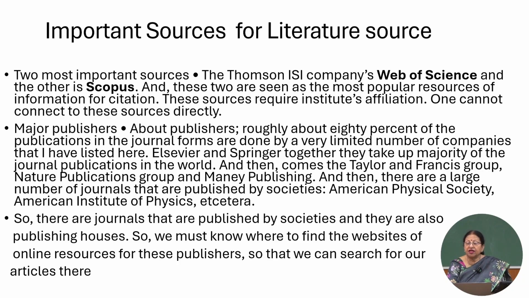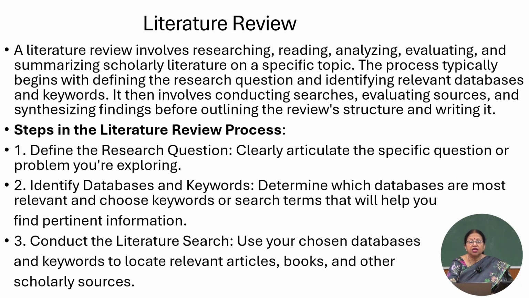Then there is Taylor Francis Group, Nature Publication Group, and then there are a large number of journals published by societies like American Physical Society, American Institute of Physics, American Chemical Society, and so forth. So there are journals published by societies, and also by publishing houses. So what we understand from here is that there are enough resources available.